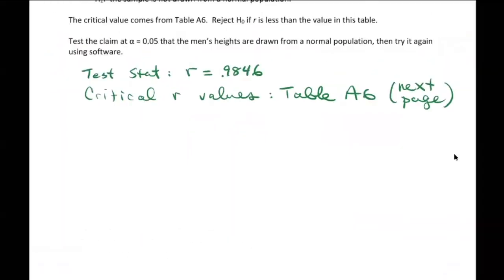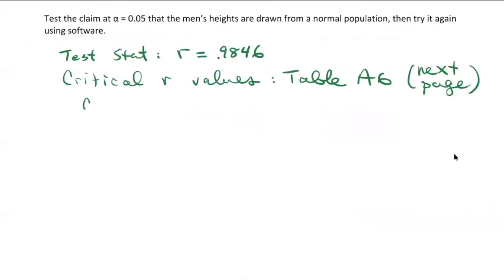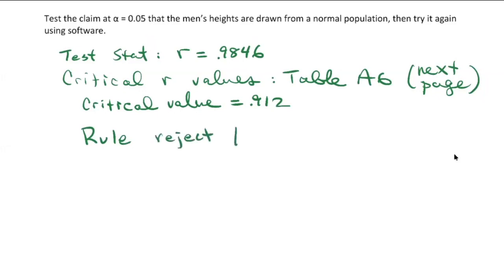So let me go ahead and put this down. Critical value was 0.912. And the rule is reject H0 when R is less than the critical value. That's easy, right?